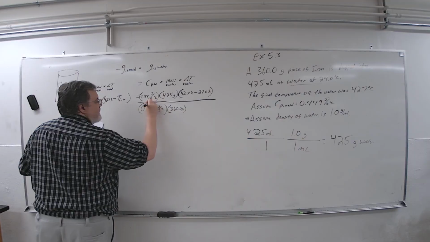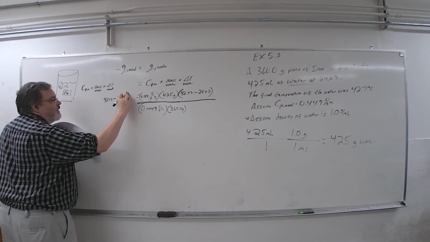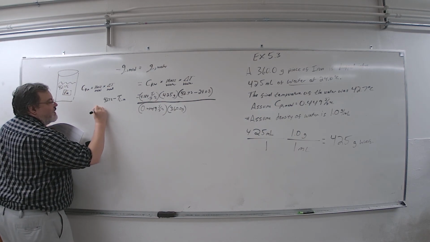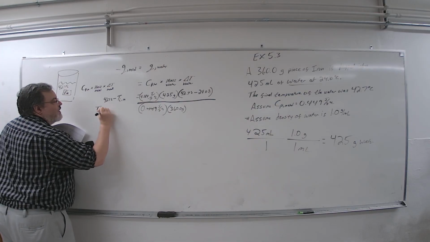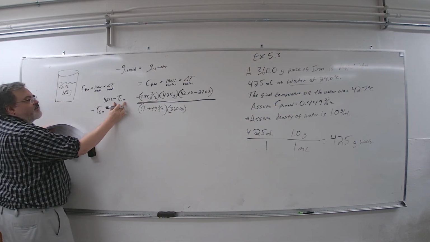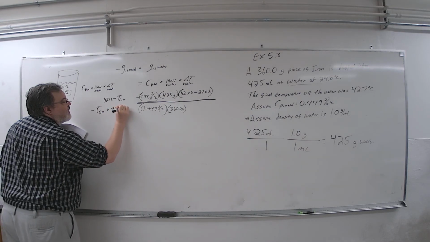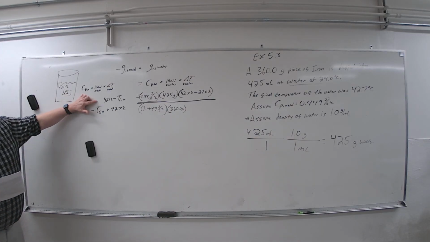If you want to get fancy and put all the algebra together, the first thing I would do over here is swap these two. I would go temperature initial for the metal, negative temperature initial for the metal. You see what I did there for algebra? I'm just being fancy here.